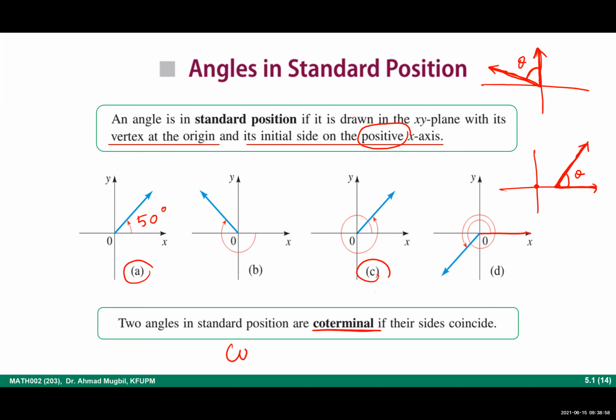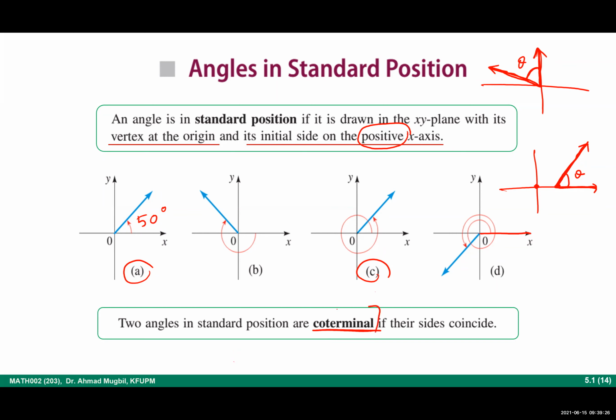You know about this prefix in English, co. When you have an author, you have a co-author. They have something in common, so they are sharing something. These two angles are sharing their terminal side, and also the initial side, of course. All the standard position angles share the same initial side, which is the positive x-axis.